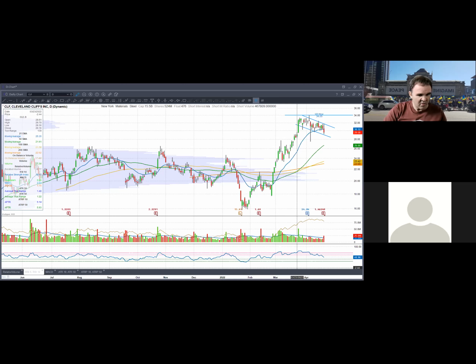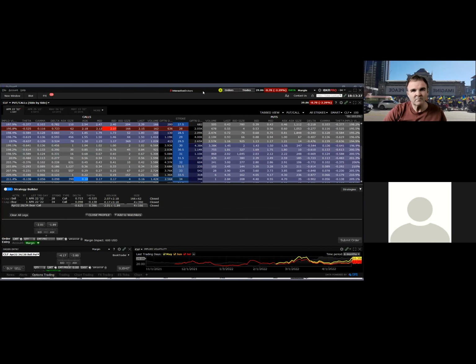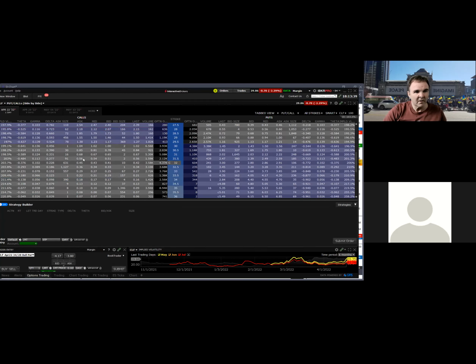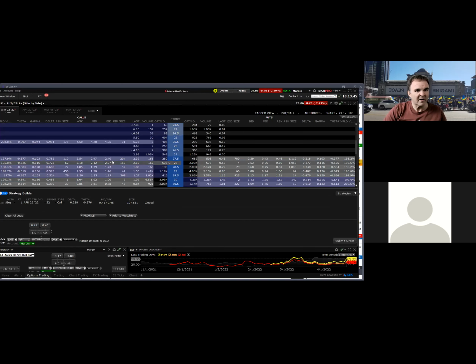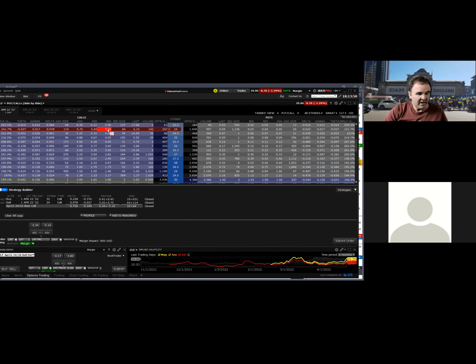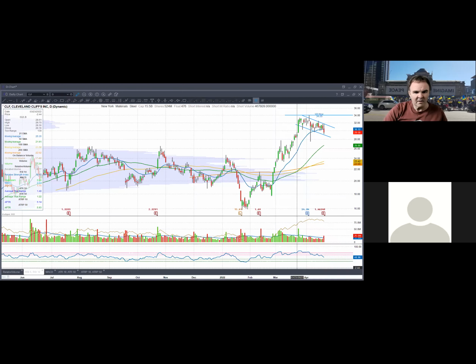What we need to do, clear that out. Yeah, we need to go long 32 and short down here around 24, I think. Yeah, that looks better. And give me a profile on that one. That looks better. Cool.